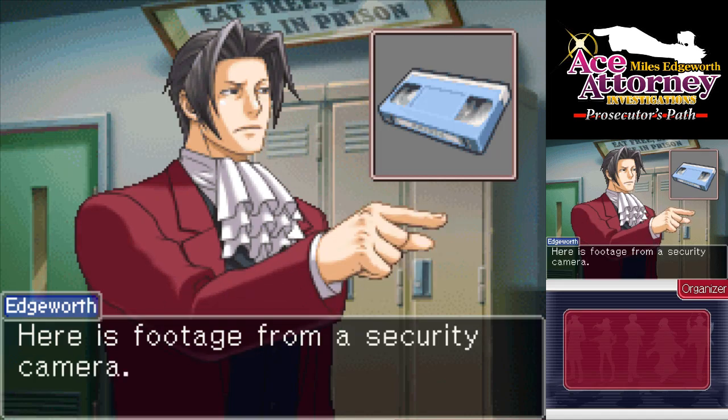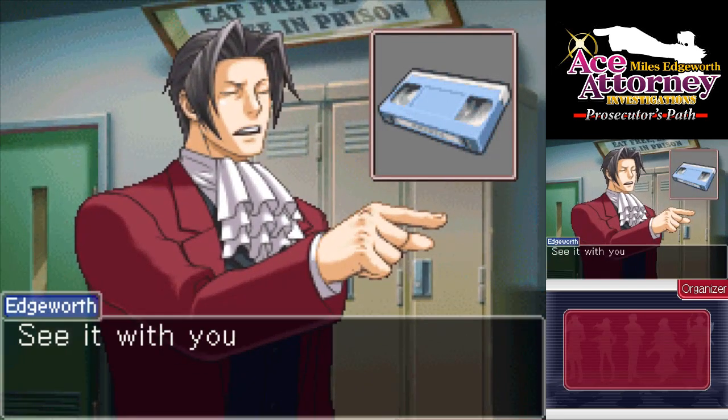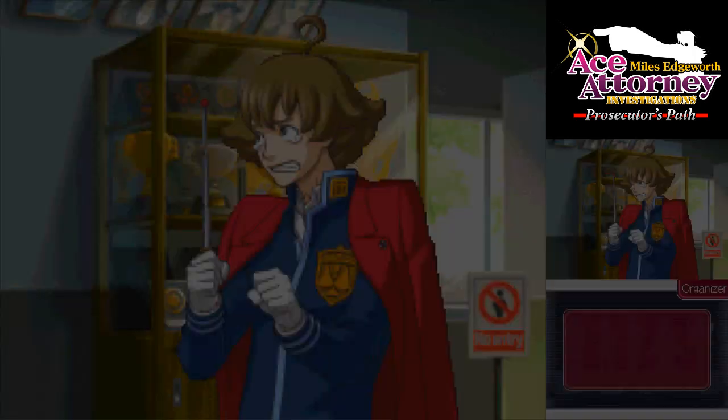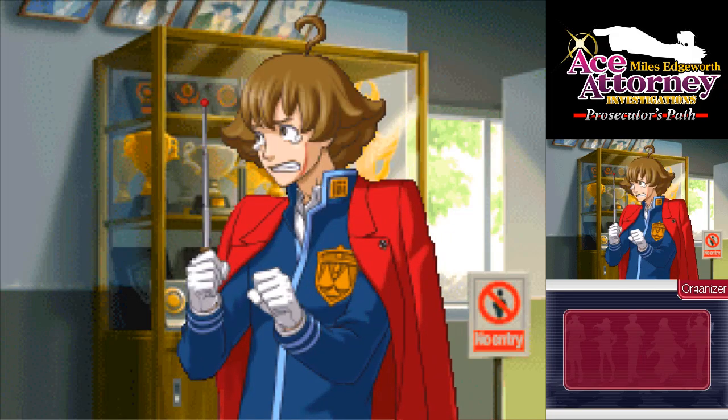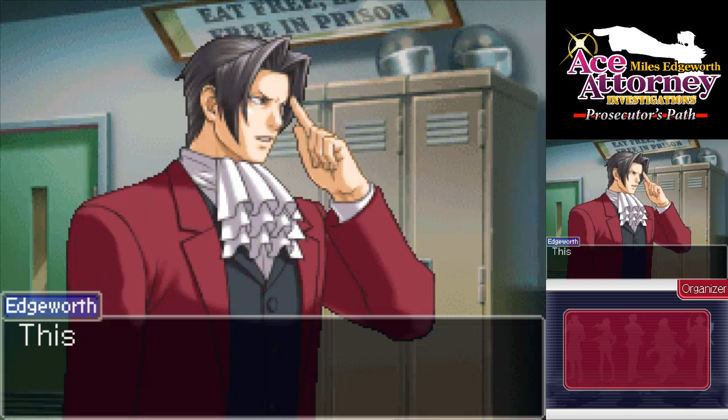Here is footage from a security camera. It shows one of the cells in the detention center. See it with your own eyes. What? It can't be!